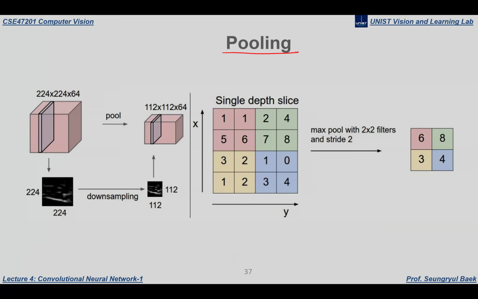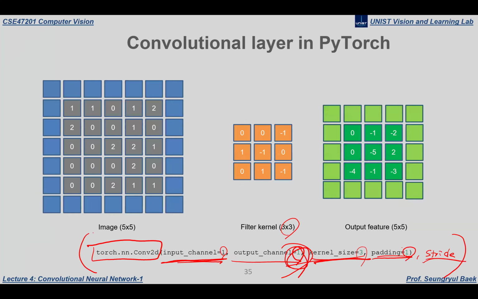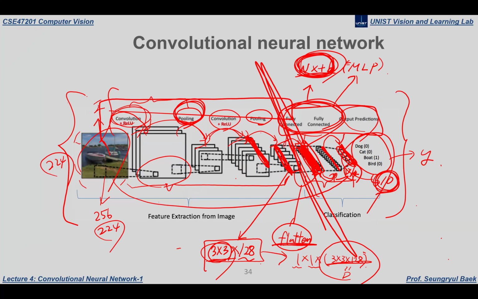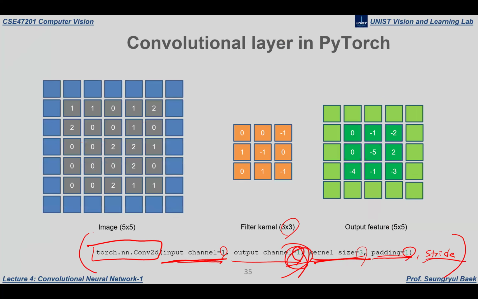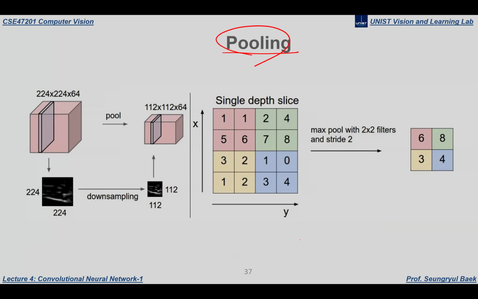Another thing I have to tell you about is the pooling layer. Pooling is another frequently used operator in CNN architectures. What it does is basically downsampling.